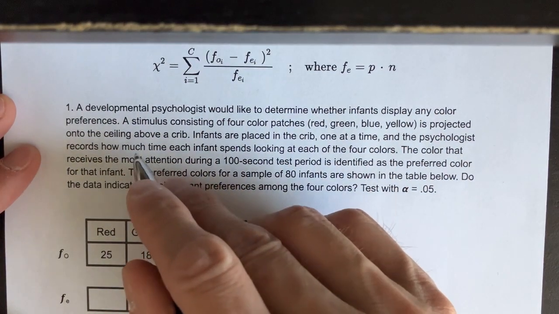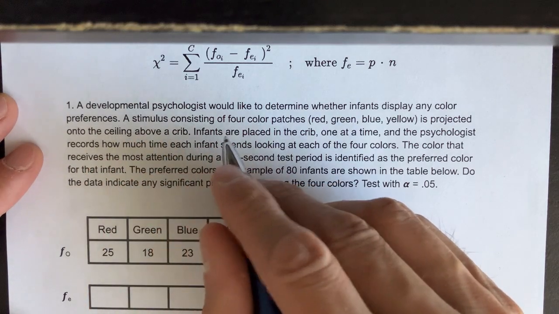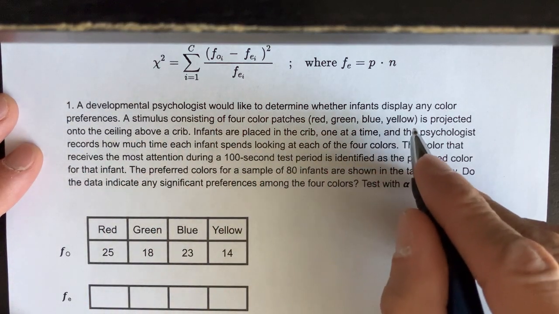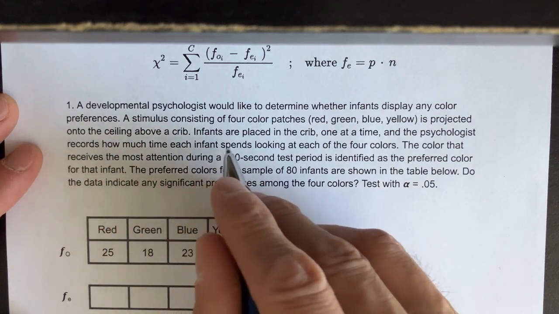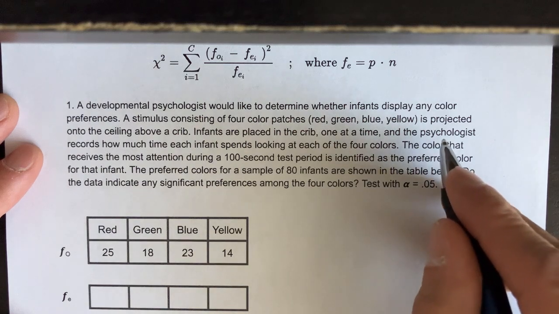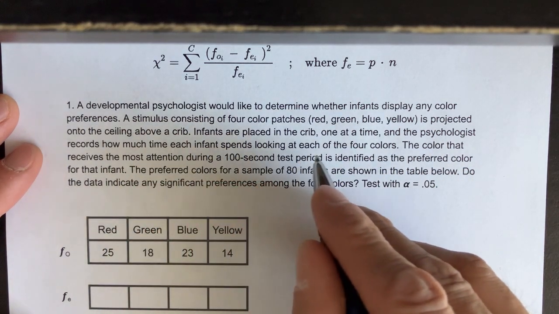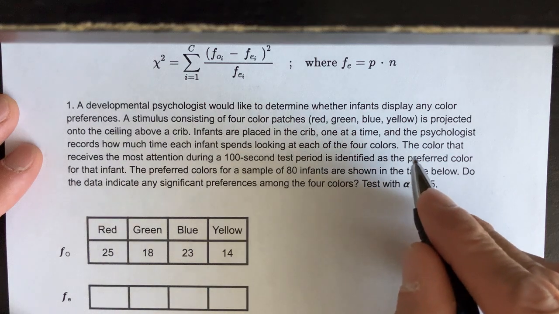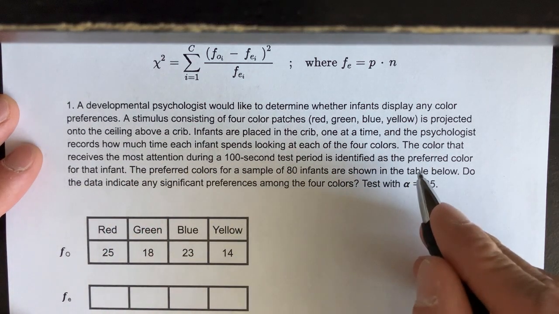So let's start with the question. A developmental psychologist would like to determine whether infants display any color preferences. A stimulus consisting of 4 color patches, red, green, blue, yellow, is projected onto the ceiling above a crib. Infants are placed in the crib one at a time, and the psychologist records how much time each infant spends looking at each of the 4 colors.